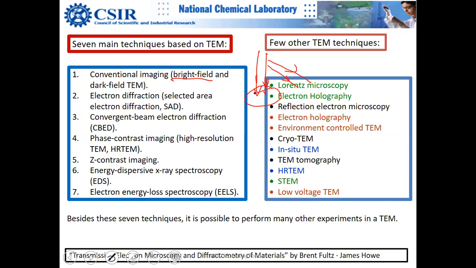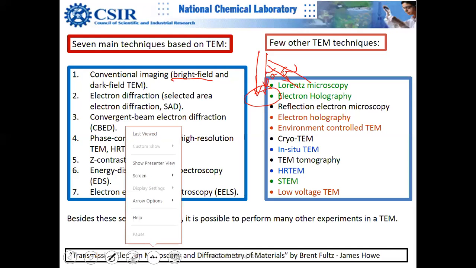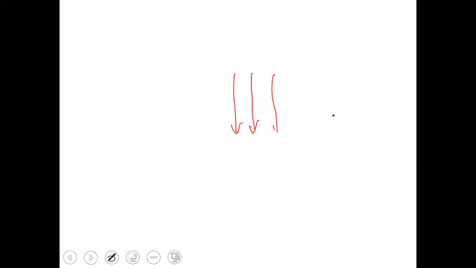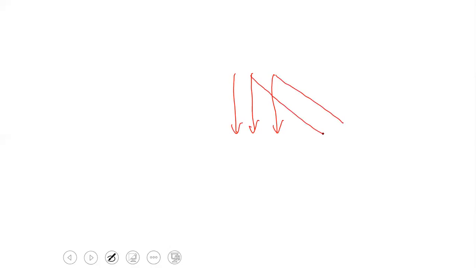Some of them are diffracted by angle theta, right? So if you have, for example, and some of them are diffracted at an angle theta.